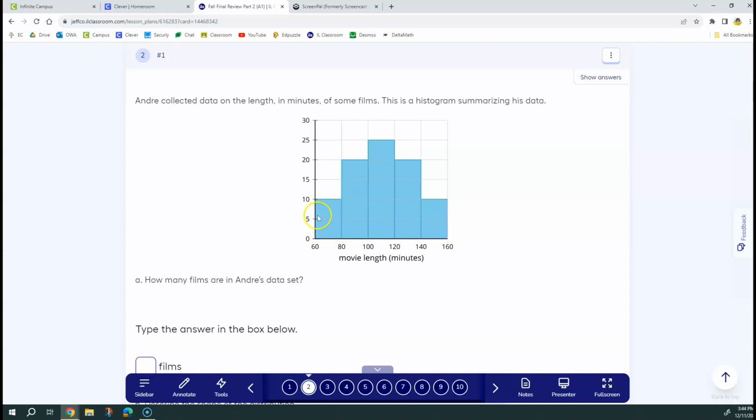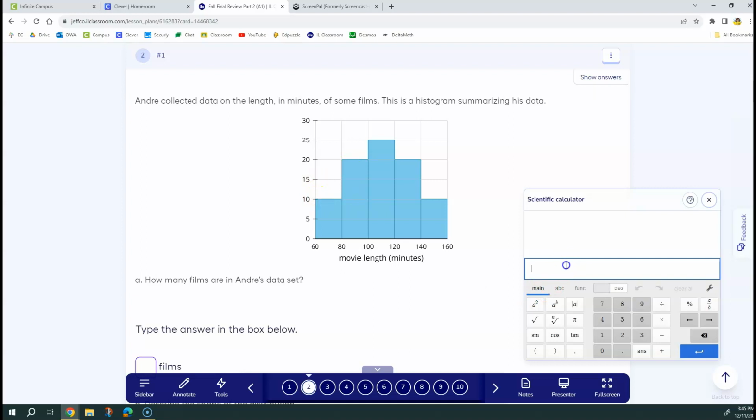Well, all we need to do is take each separate bar of the histogram and use that number and add the numbers up. So we have 10 films that are between 60 and 80 minutes, 20 films that are between 80 and 100 minutes, 25. So we're going to get the calculator out, or if you want to, you can add all of those up.